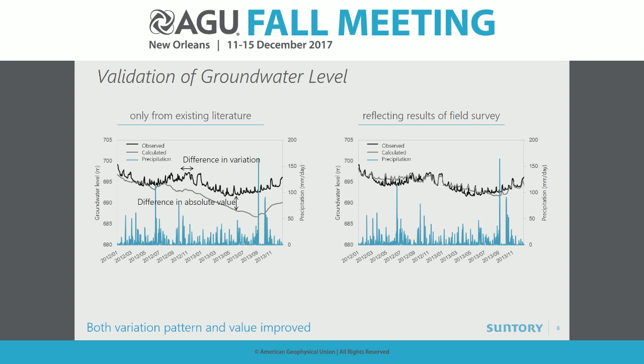And then, your original model that was based on the literature did not calibrate well, but the model based on this additional information was quite improved. Can you give us any insight into which data you collected was the most important for that improvement? Actually, we don't quantify each contribution, but in the original one, the water is lacking. The water volume is enough, but the water has to be supplied from the next watershed.